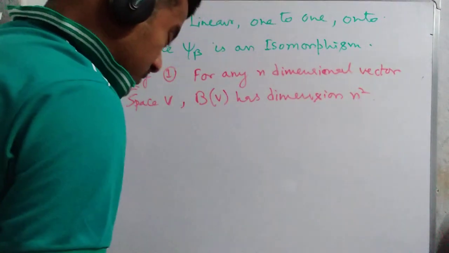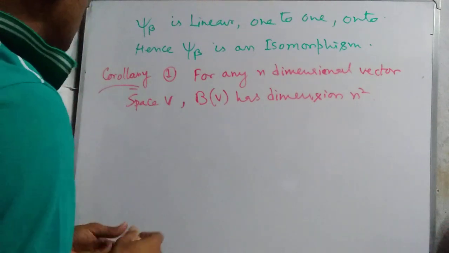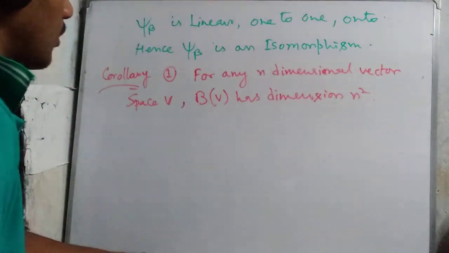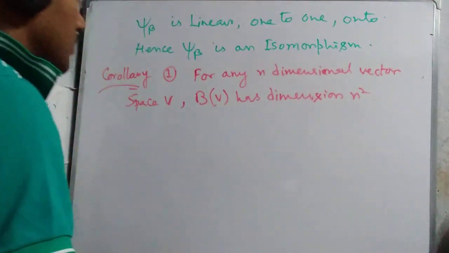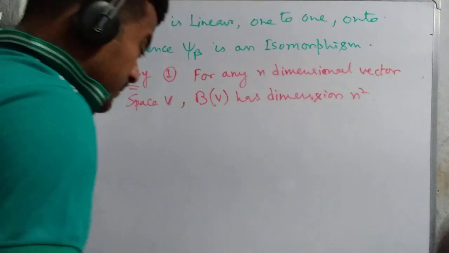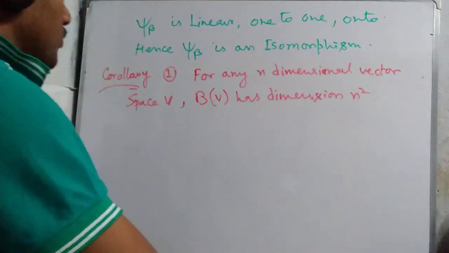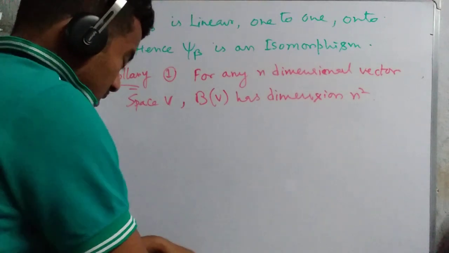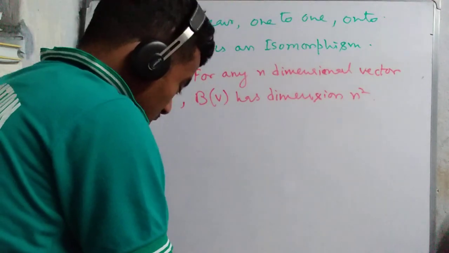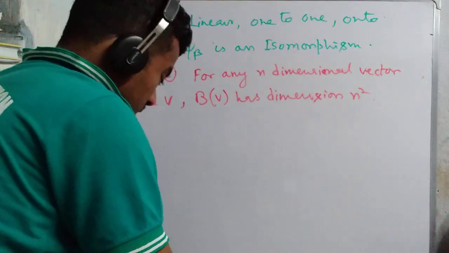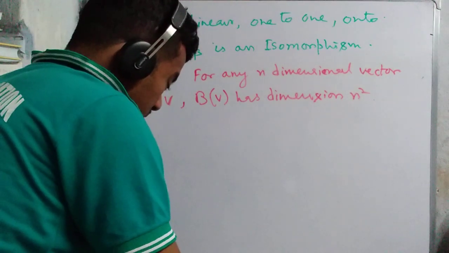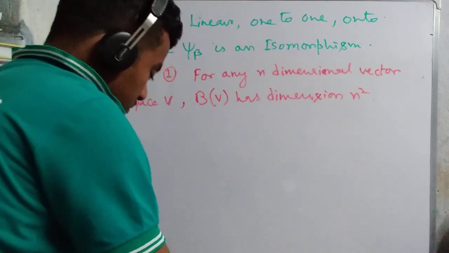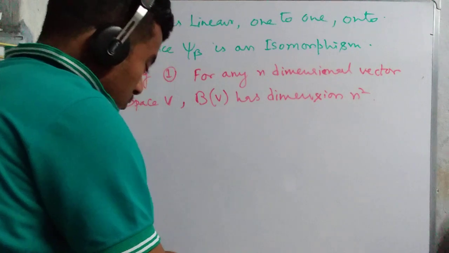Understood? Then this is not a problem at all. That means BV equals the set of all bilinear forms on V, and this has dimension n square. BV equals the set of all bilinear forms on V, that means those functions from V cross V to F.